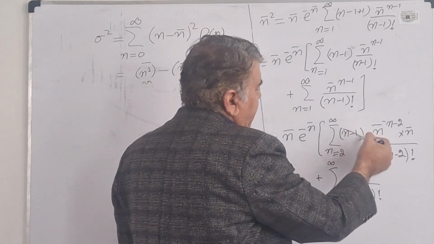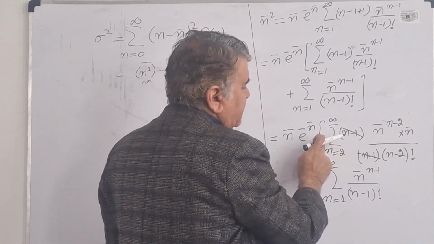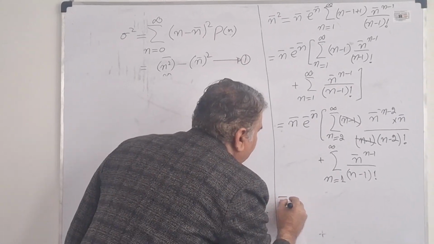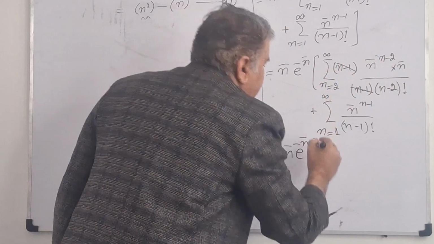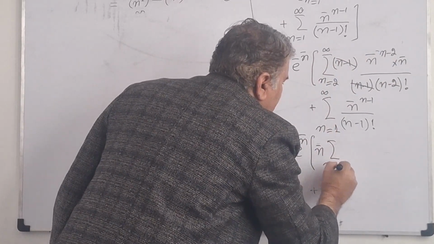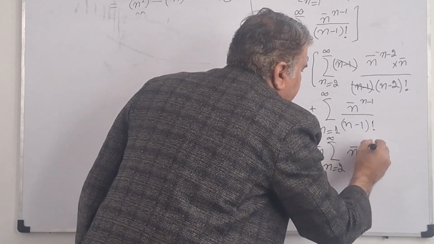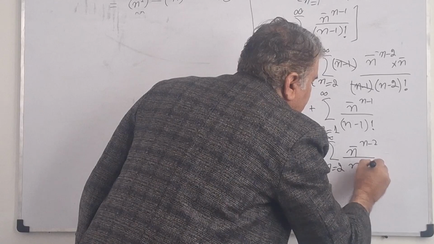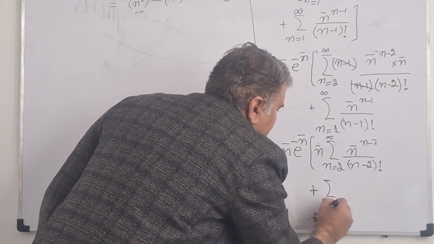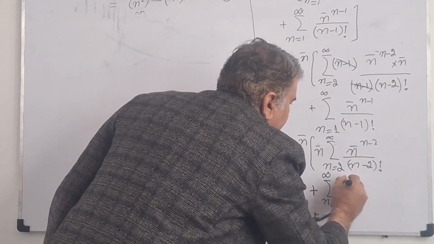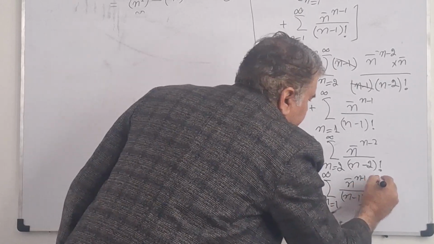Okay, I can cancel this n minus 1 with this one in the denominator, and I can take that n bar to the left of this summation, and I rewrite this relation in the form n bar exponent minus n bar, n bar, and then the summation n equals 2 to infinity n bar raised to the power n minus 2 divided by n minus 2 factorial, and then I write the second term as it is, that is n equals 1 to infinity n bar raised to the power n minus 1 divided by n minus 1 factorial, and then I close the bracket.